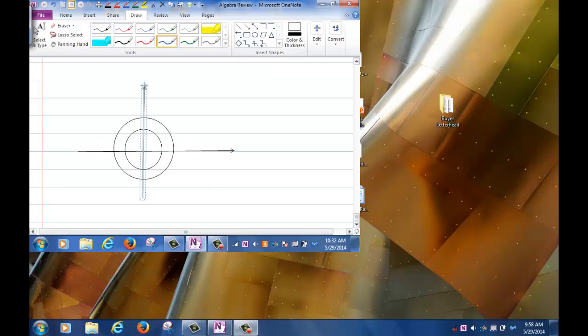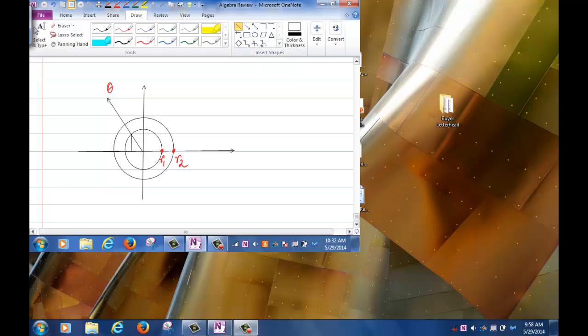Okay, so let's say the radius of the inner circle is R1 and the radius of the outer circle is R2. Okay, so let's make an angle again. Then my angle is, let's say, theta. So for the inner circle, what would be the value of cosine theta and sine theta? Let's see. So we are going to make a vertical line from the intersection of the terminal side with the circle to the x-axis, right?